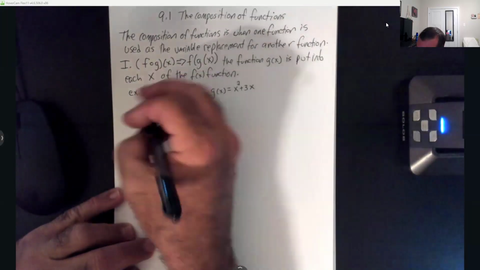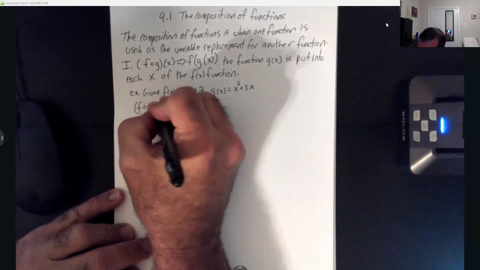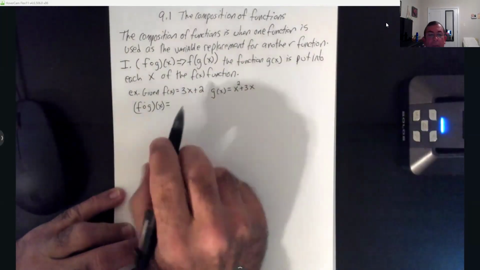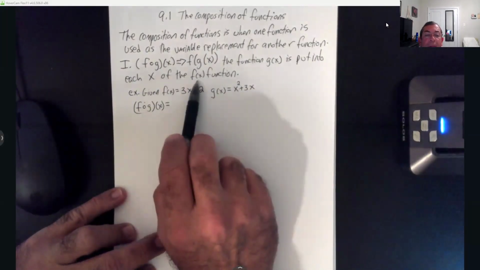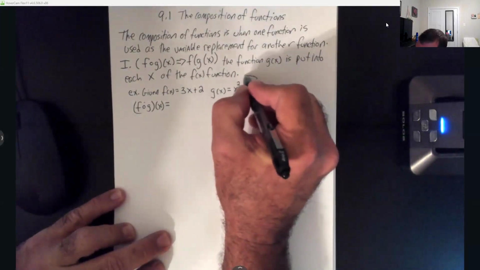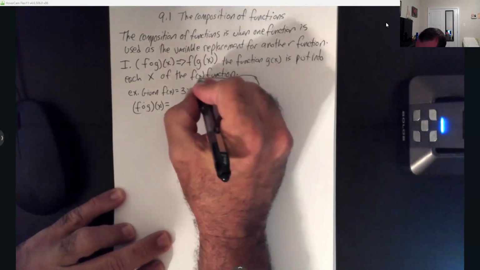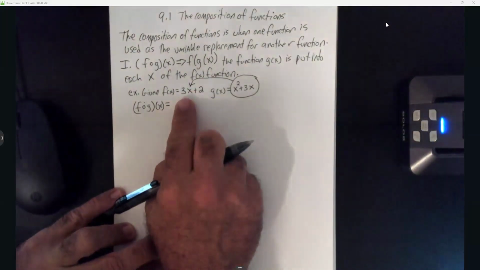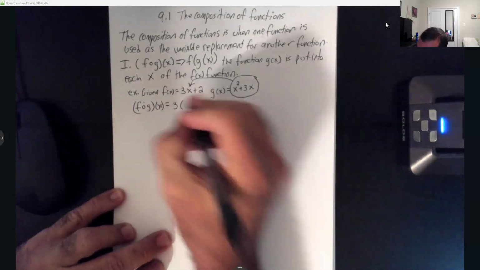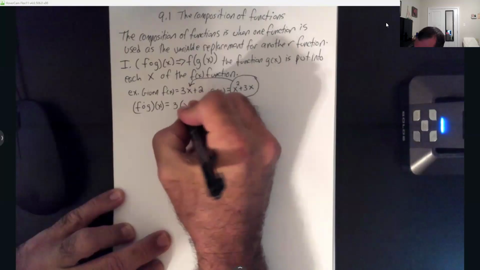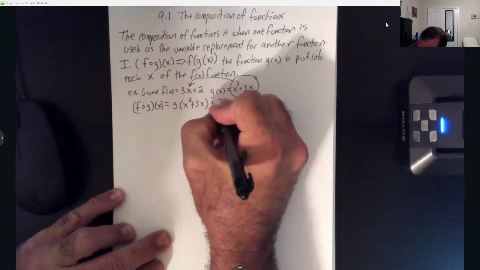Then F of G of X. Remember, we said we put the G of X into each X of the F of X. Well, this is my G of X right here, x squared plus 3x. So what we're going to do is put it into each X of the F of X so that this becomes 3 times x squared plus 3x. And then I still got my plus 2.